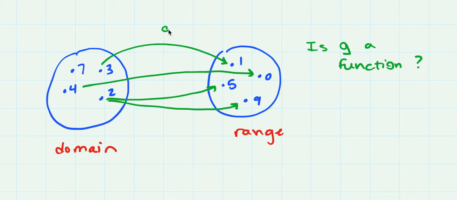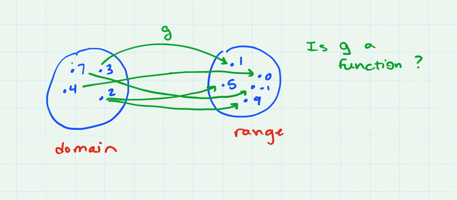Is g, this following map, oh, and I think I forgot one, also number 7. Let's add another number in here. Let's make this -1. And let's send 7 to -1. Is this a function?